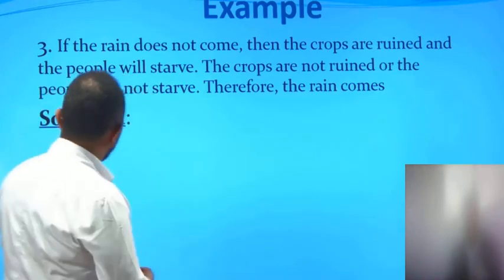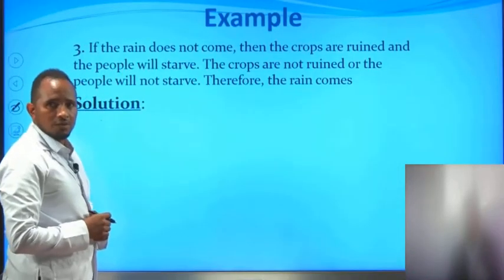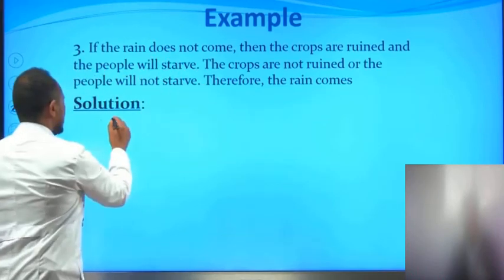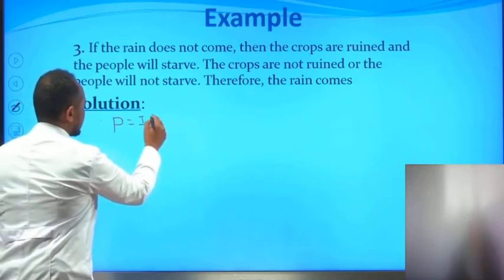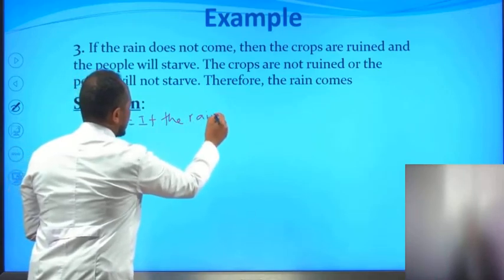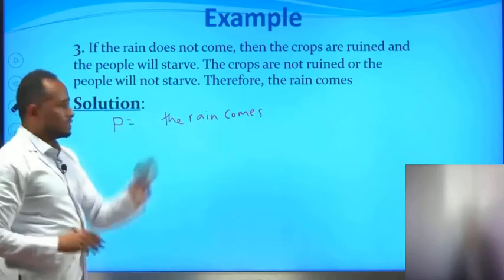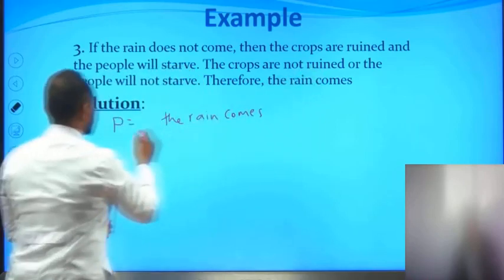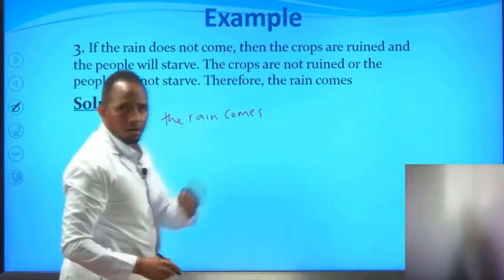So let's put a symbol for each given statement. Let's assume P to be the statement the rain comes. Another statement: let's assume Q to be the crops are ruined.